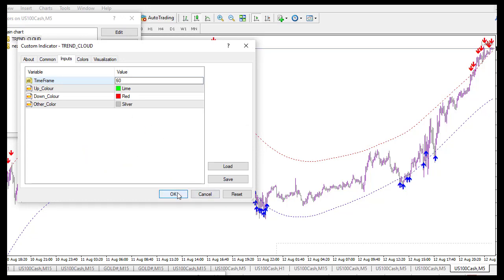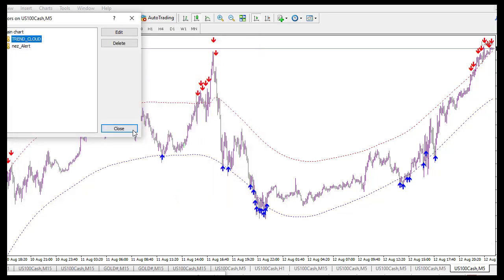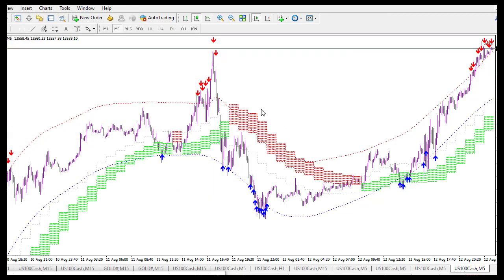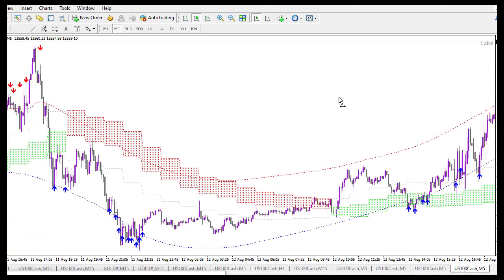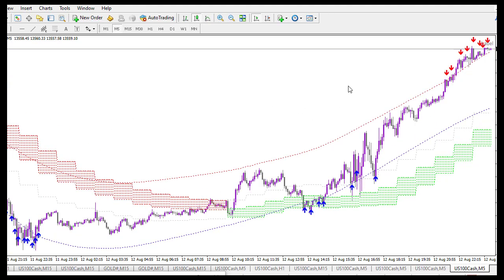That's the only thing you need to change on this particular indicator, trend cloud, and click OK. And here we have it on 5 minutes, because this is indices and I like trading this particular pair on a lower time frame, so you can check other pairs and see which time frame will work well for you.